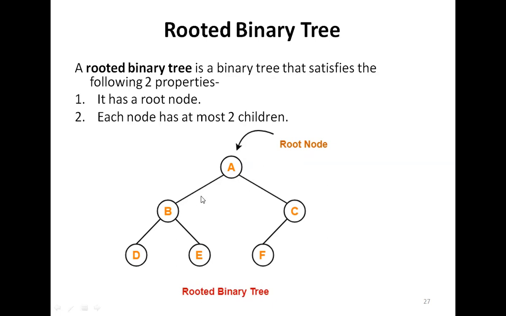You take any node of this tree, each node has at most 2 children. At most means either 0 nodes or 1 node or 2 nodes. So the tree must have a root node. This is a rooted binary tree.